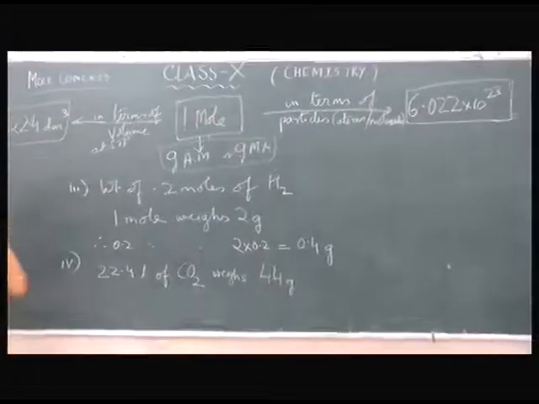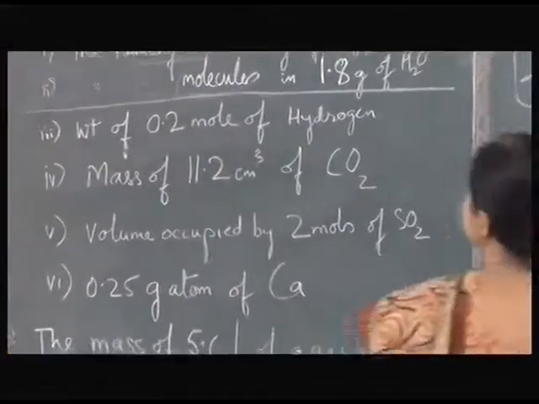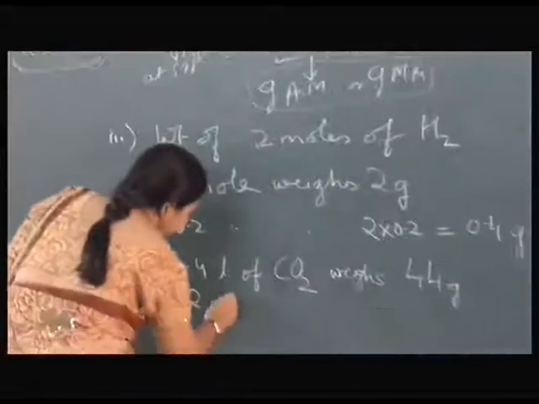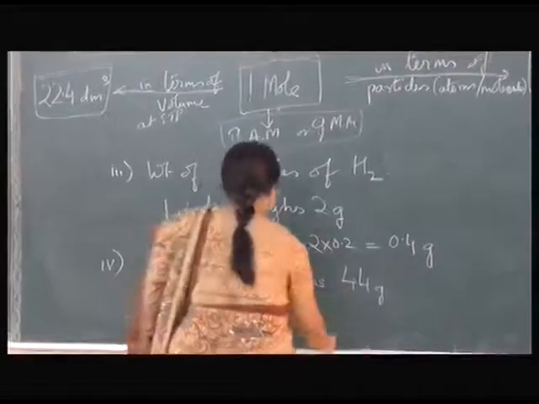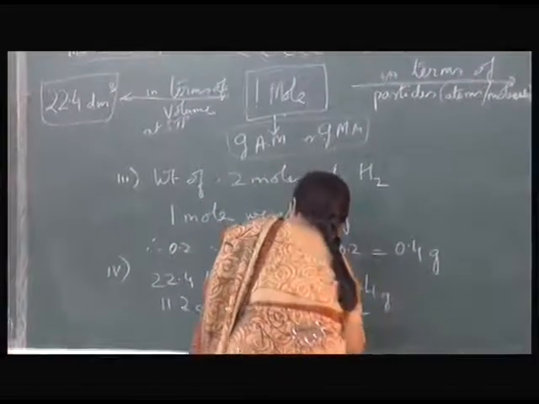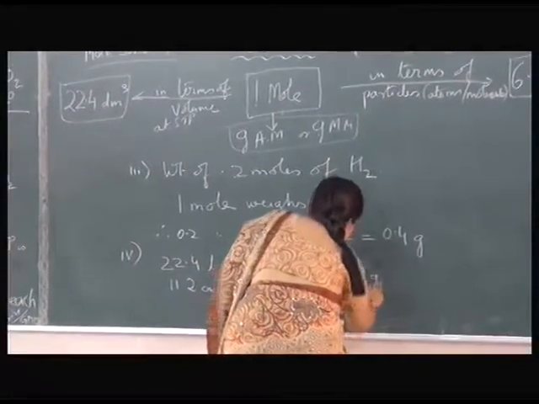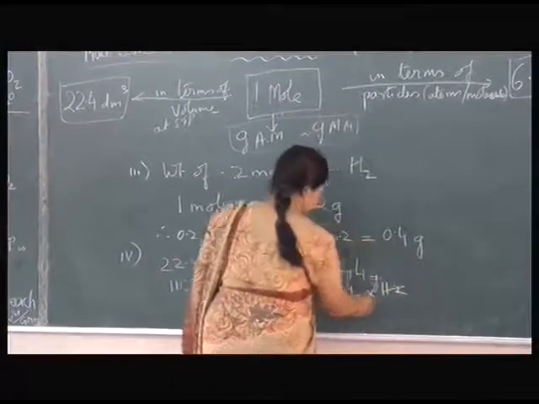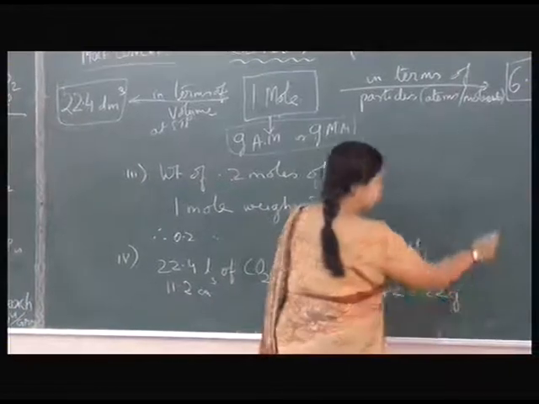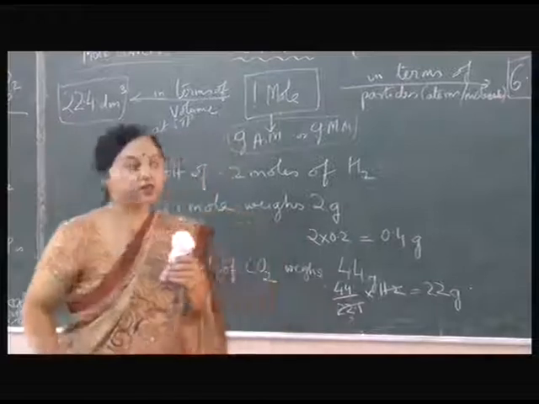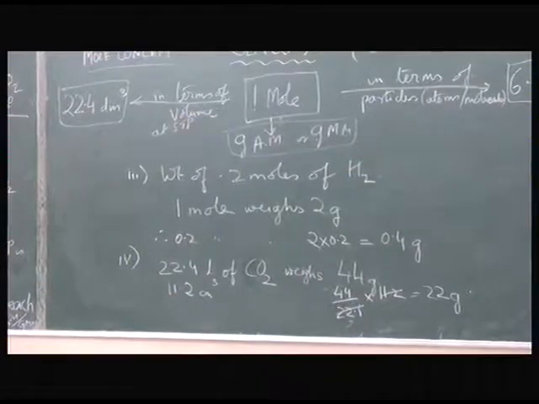Therefore, in the question given, 11.2 cm cube, that's the same, cubic centimeters, will weigh how much? 44 upon 22.4 into 11.2. That cancels, this is twice, so it is equal to 22 grams. Now the next question: volume occupied by 2 moles of SO2.